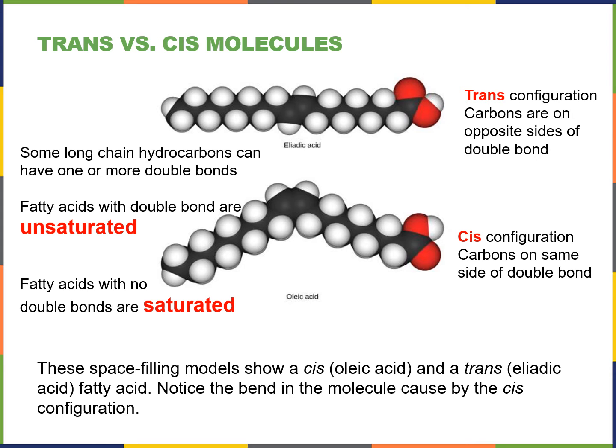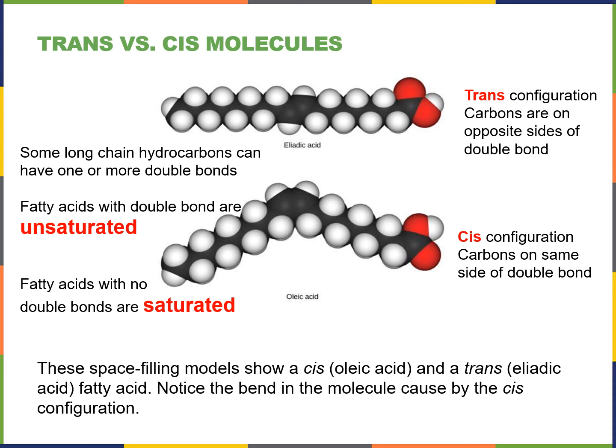But sometimes those hydrogens go away and you get a double bond. That means you do not have the maximum number of hydrogens and you have the potential for a bend. This is unsaturated. You've probably heard this in some nutrition course, saturated, unsaturated fatty acids. That's what they're talking about here, oleic and stearic.